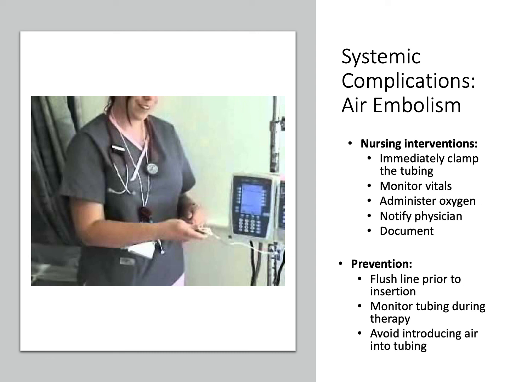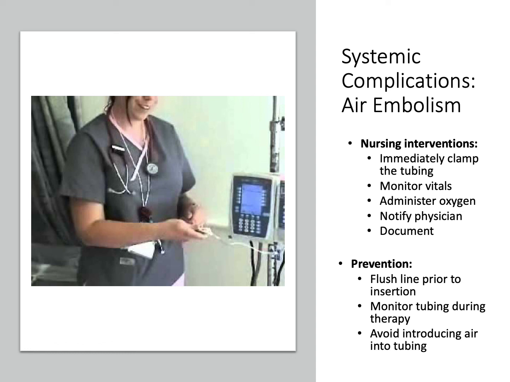So the nursing interventions, if a patient was to have signs of an air embolism and somehow got a significant amount of air infused into their circulatory system, you would immediately clamp the tubing, monitor the vitals, administer oxygen, call for help, document.